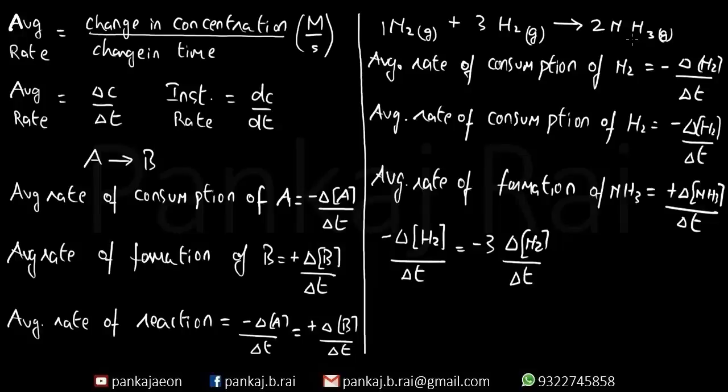So I'll say that NH3 is getting produced at twice the rate faster than N2. So the rate of formation of NH3, that will be plus the change in concentration of NH3 with respect to time, is double, that is twice the rate of consumption, so it is minus 2 change in concentration of N2 upon change in time.